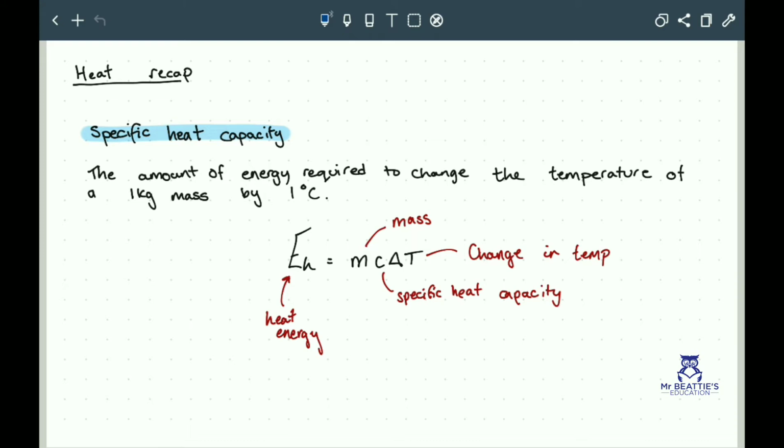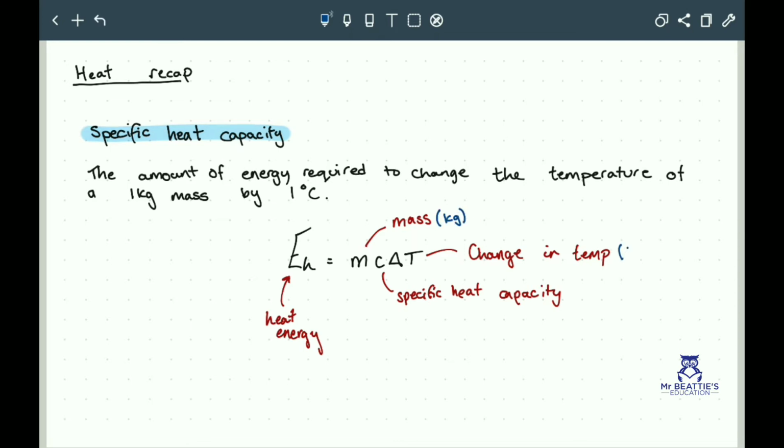And so we've got our equation here that we've talked about in class and we've talked about online. Our equation is EH equals mc delta T. EH being heat energy, m being mass, C is our specific heat capacity, and delta T is our change in temperature. And I'm just going to add the units to this for us here. Remember that mass is always measured in kilograms.